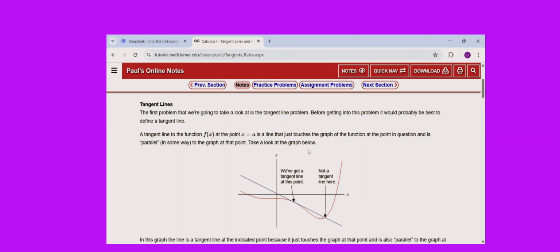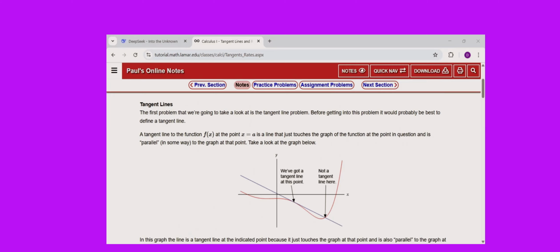Take a look at the graph below. Looking at this graph here, we have got the tangent line at this point. This is the tangent line, and note that the tangent line does not cross the graph.